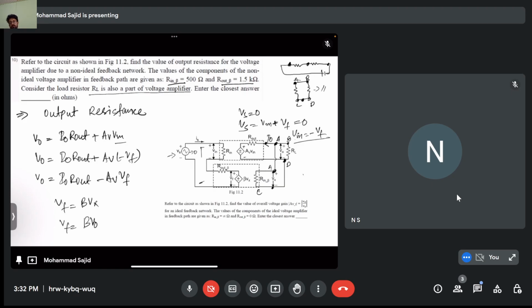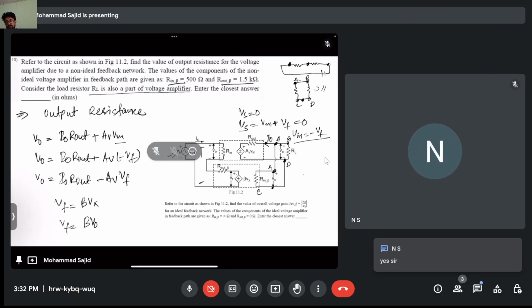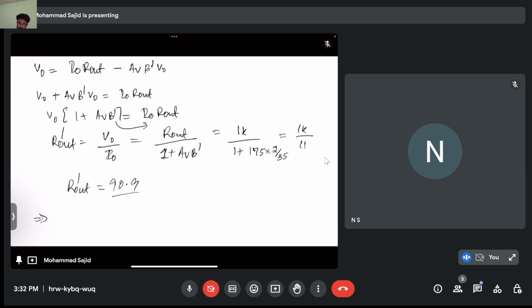So if they have both nodes the same, then they will be in parallel, right? So these resistors will be in parallel. You calculated this R out by using this formulation, that is 90.9 you got.